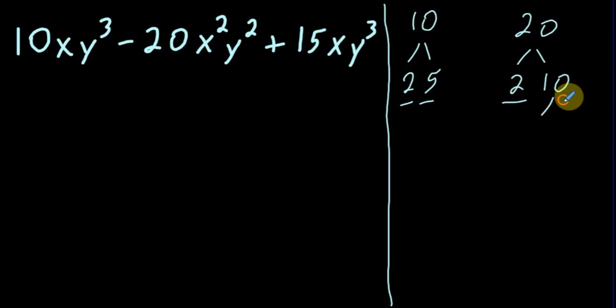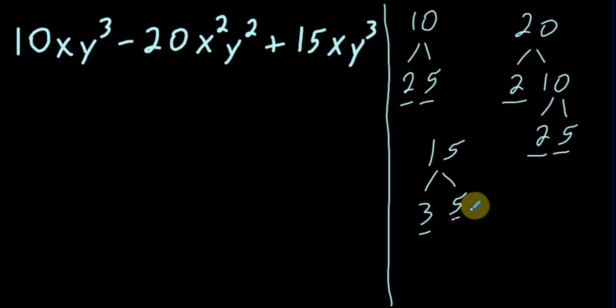We're done with the 2, 10, 2, 5. 15, and again, only one way to accomplish that: 3 times 5. So here we go. 10, remember that was 2 times 5.